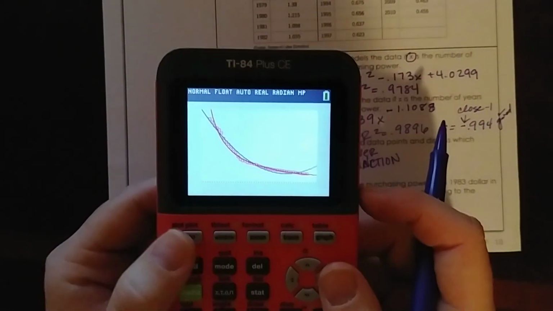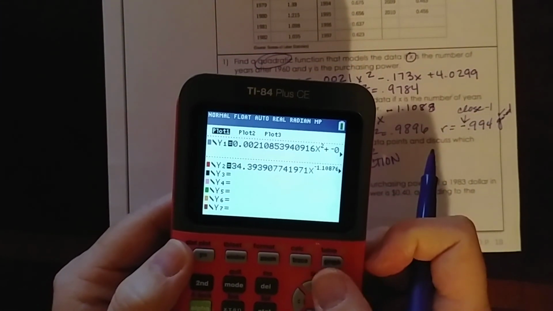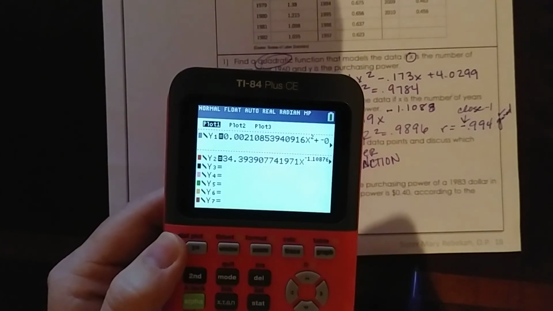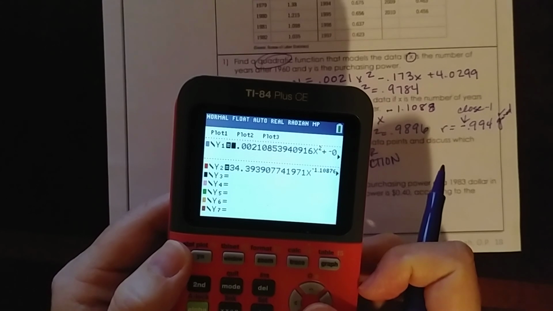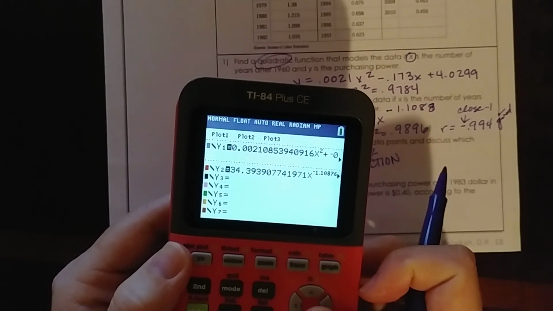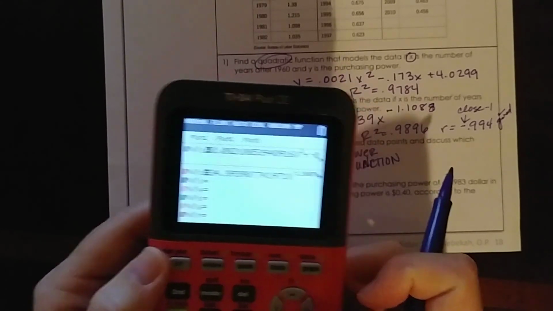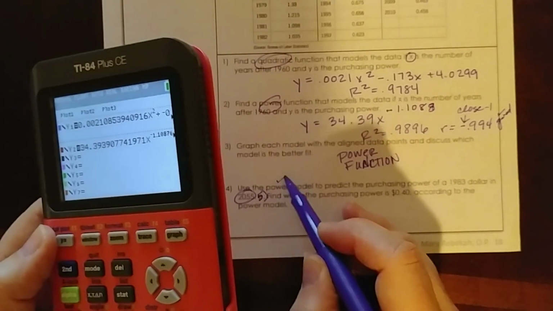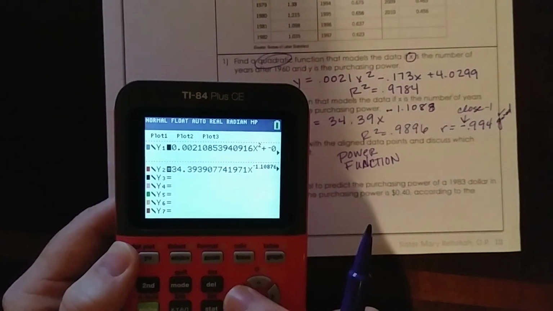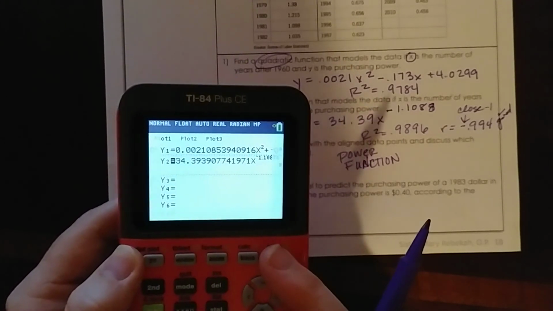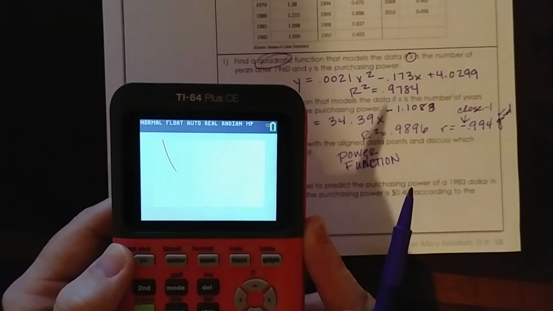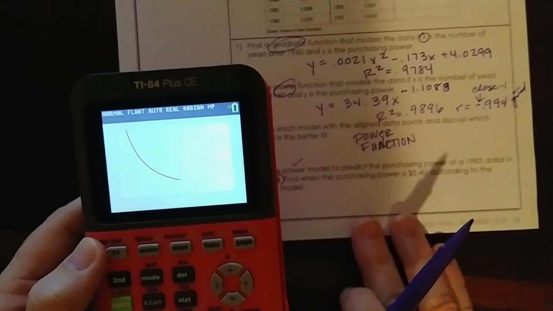I'm going to go to y equals, and de-highlight the plot so I won't see the plot lines or plotted points anymore. And then I'm going to use just the power model, so I'm also de-highlighting the equal sign for the quadratic model so that all I can see is the red power model.